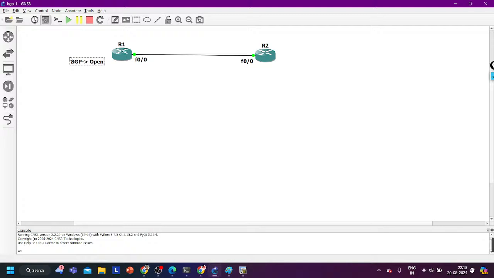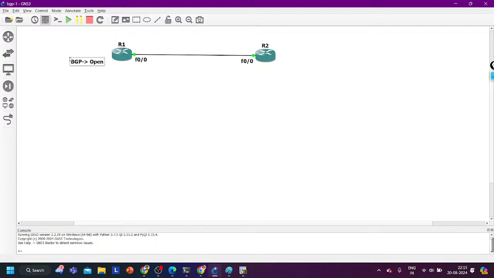In OSPF there are two uses of the hello message. In EIGRP there are two uses of the hello message. One, to discover the neighbor. Second, keepalive. But in BGP, guys, we have two different types of messages for these two different tasks. Open message to discover the neighbor and establish a neighborship, and we have a separate keepalive message, right?